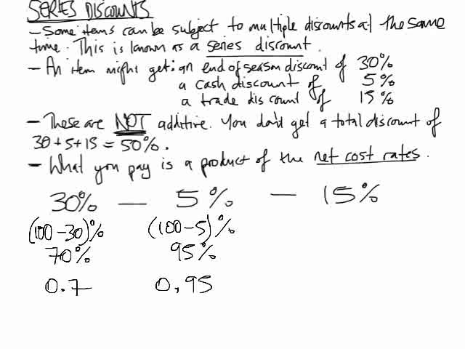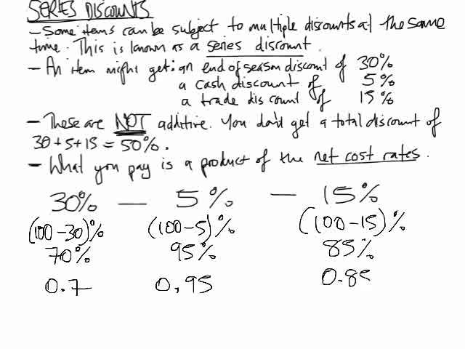And then last of all, the net cost rate for a 15% discount is going to be an 85% net cost rate, which will be 0.85. And we have said that what you pay overall, your total net cost rate, is going to be a product of the net cost rates of all these discounts.